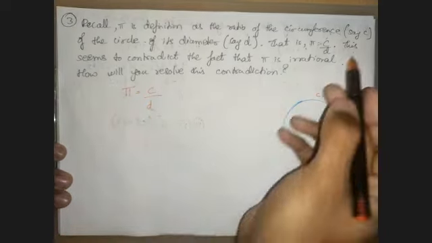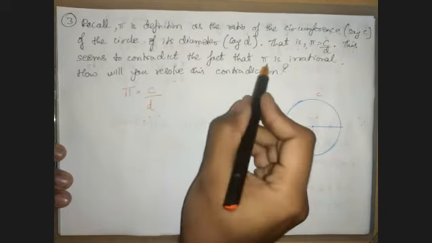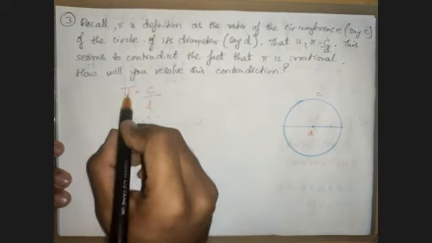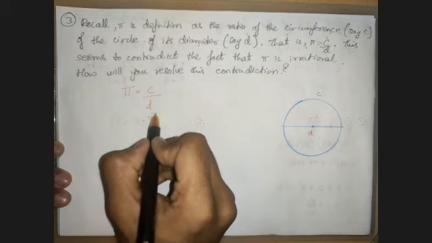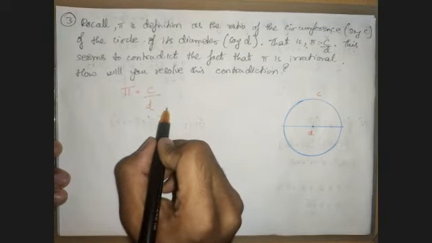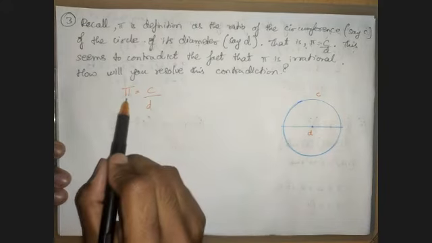When we see this, it seems to contradict the fact that pi is irrational. How do you resolve this contradiction? Here pi is being expressed in the a by b form of two numbers. If this is expressed in the a by b form, it seems to be rational. But we know that pi is irrational.